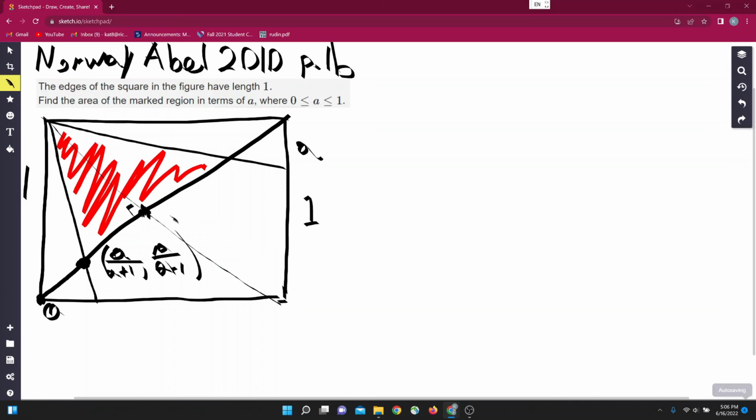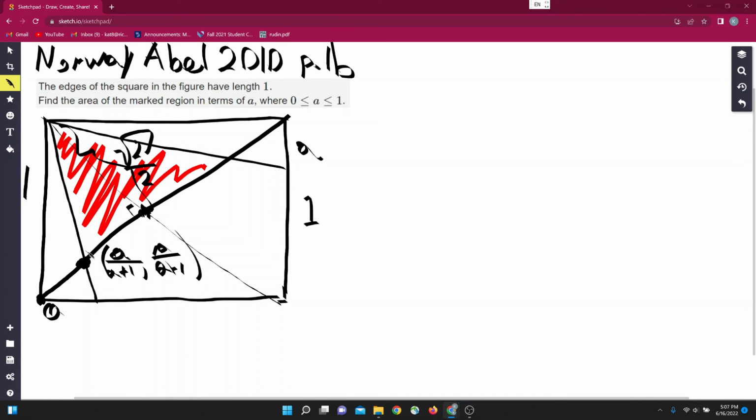How I would do it is I would just simply take half of this general length, which we know is root 2, using the Pythagorean theorem if you'd like, or just basic rules of 45, 45, 90 triangles, right? So in other words, this length is just root 2 over 2, half of that length. Okay, so that's the height of our triangle.